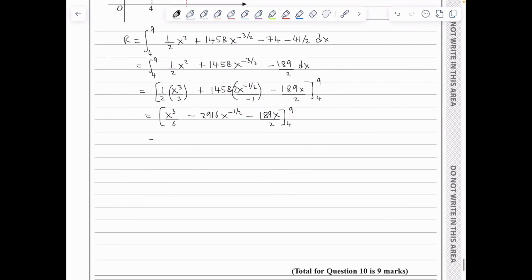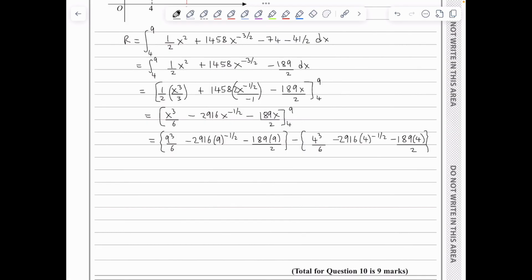This means we're looking at 9 cubed over 6 minus 2916 times 9 to the minus a half minus 189 times 9 over 2. This is the upper limit substituted minus the lower limit of 4 cubed over 6 minus 2916 times 4 to the minus a half minus 189 times 4 over 2.